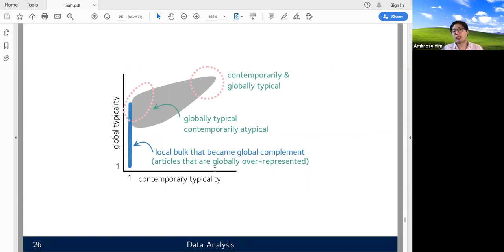Articles are locally distinctive, but globally not. Things on the top left corner are interesting articles that are globally typical, but in relation to the contemporaries are atypical. And articles towards the top right-hand corner are those that are globally and contemporarily typical.